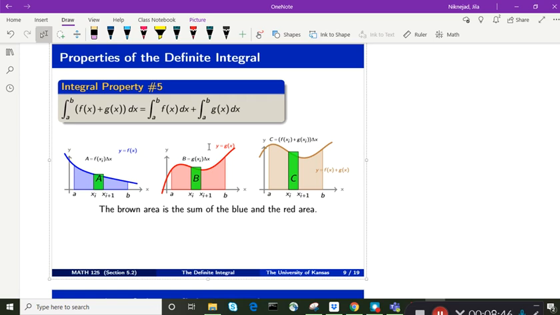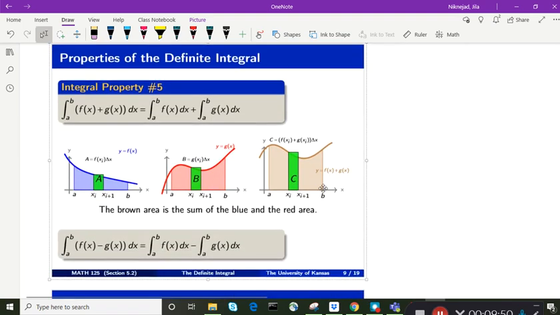Therefore, every rectangle in the summation has the height of the two corresponding rectangles in either of the functions. Here, for this rectangle, the height is the height of B and A added together, basically. And property number 1, when the order of the limit bounds changes, the sign changes.